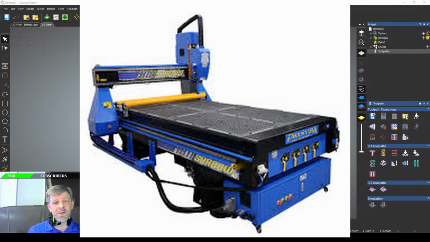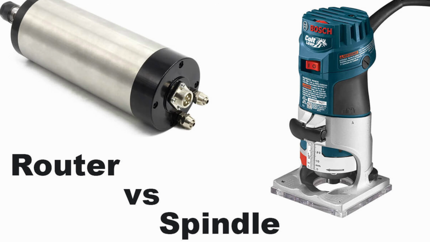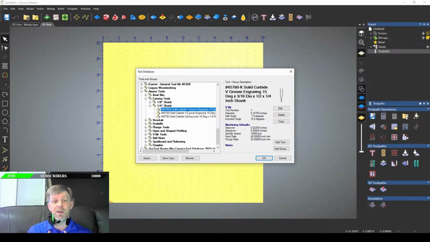All of these different machines have varying degrees of rigidity, the horsepower of the spindle that they're using, and the capabilities of the machine itself. Given all of these different things, there's no way that one setting for a bit would work the same with all of those machines.